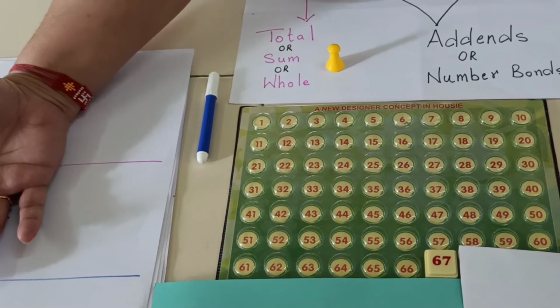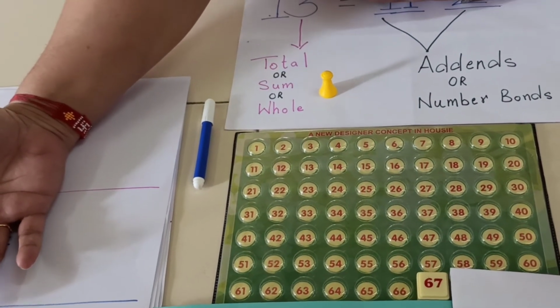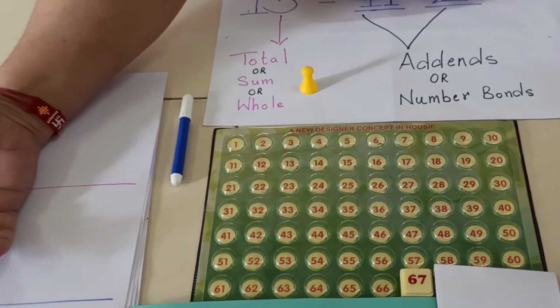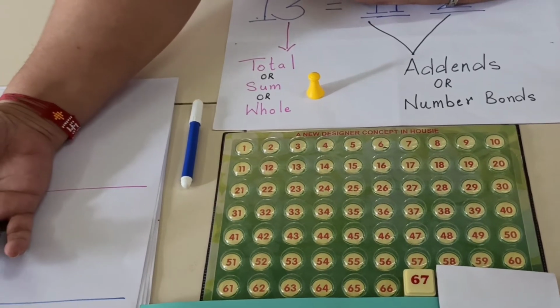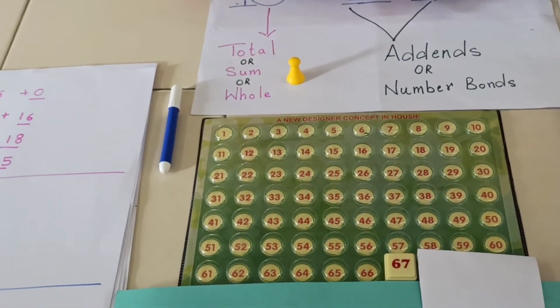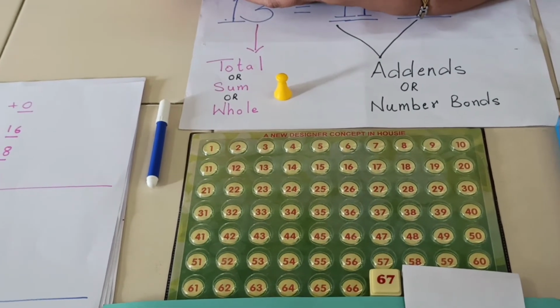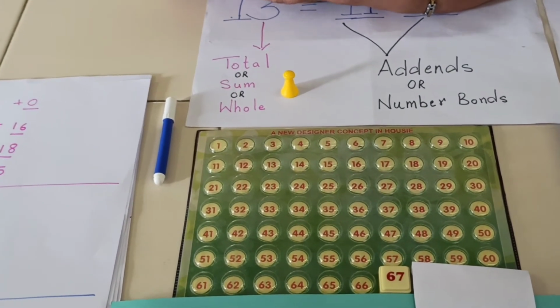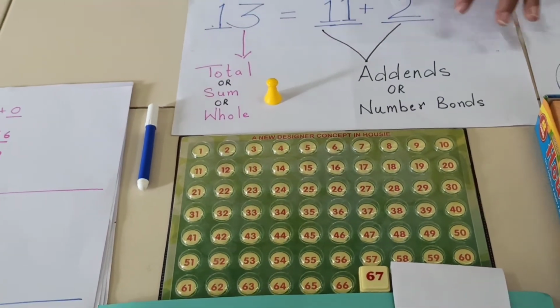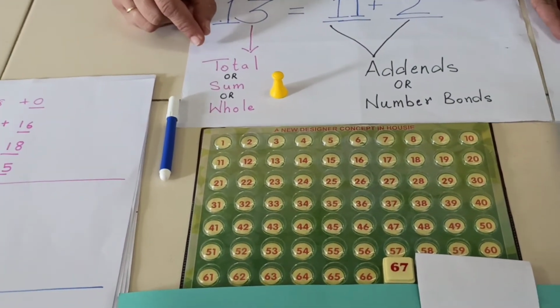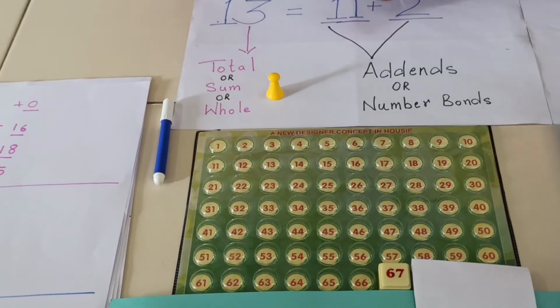No, right now I will not write, but when the children are doing it at home, they can write. And I must tell you one thing, their addition power is going to increase a lot. Yes, they have good brain power, and they have understood the concept through this.